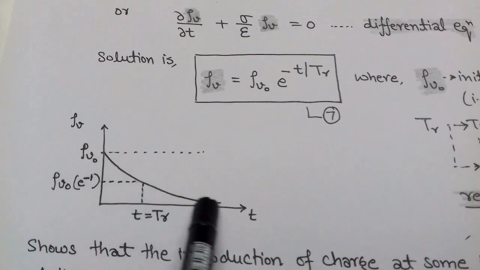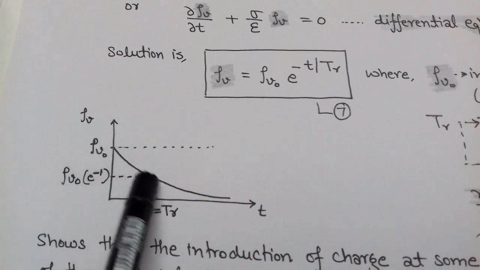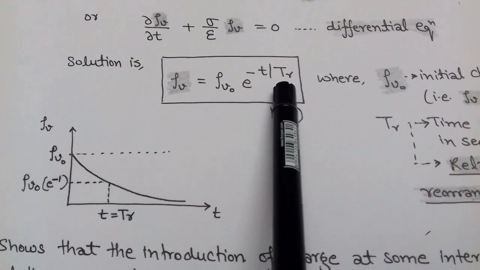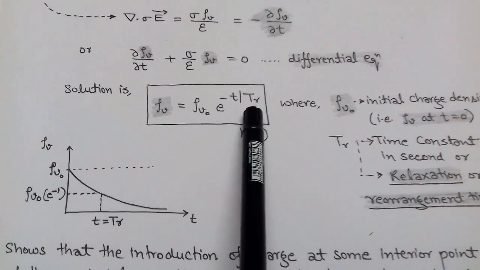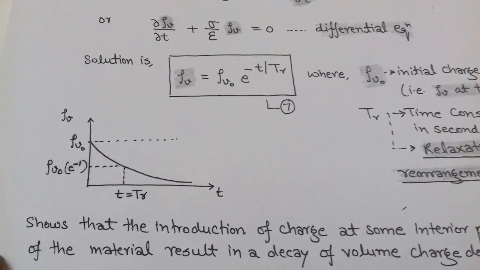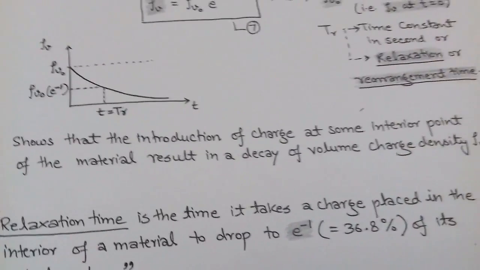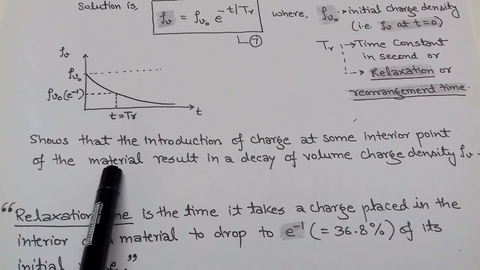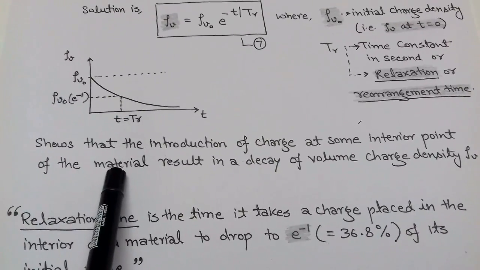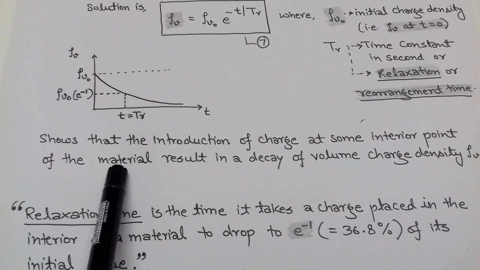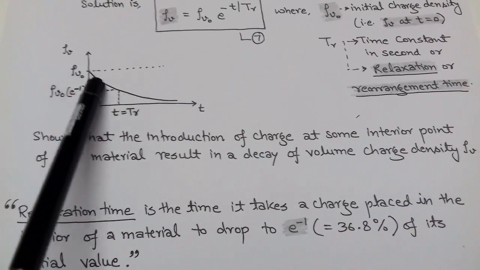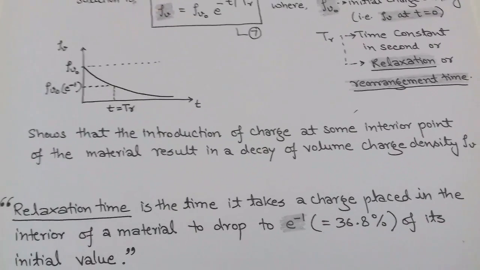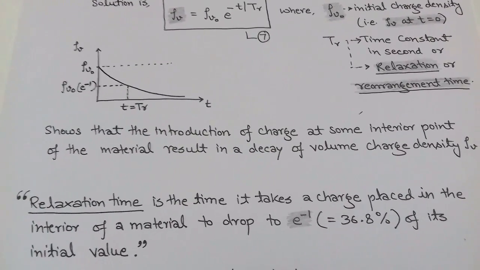So there is a graph like this, and here we represent the relaxation time, indicated by tr. This graph shows that introduction of charge at some interior point of the material results in decay of volume charge density, meaning the volume charge density decreases with respect to time.